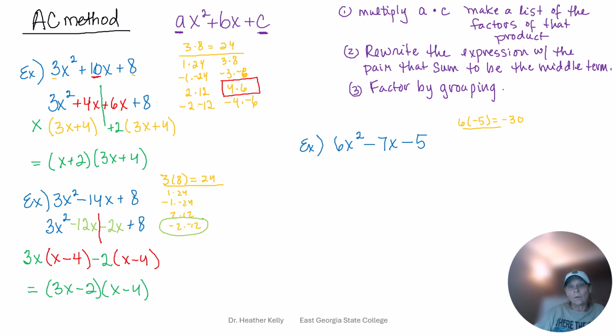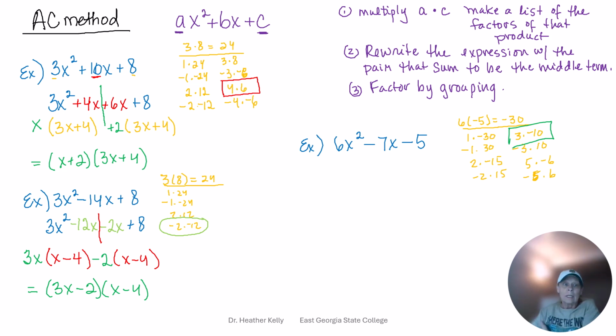And I need all the ways to get negative 30, so that's 1 and negative 30, negative 1 and 30, 2 and negative 15, negative 2 and 15, 3 and negative 10, negative 3 and 10, 5 and negative 6, negative 5 and 6. So this is all the ways to get it, and we're looking for a negative 7. It looks like 3 and negative 10 is going to give it to us.